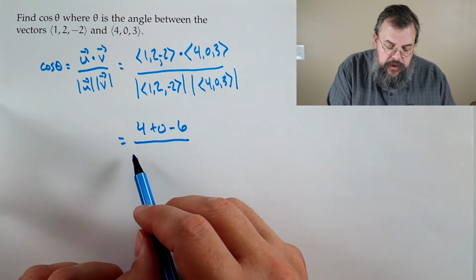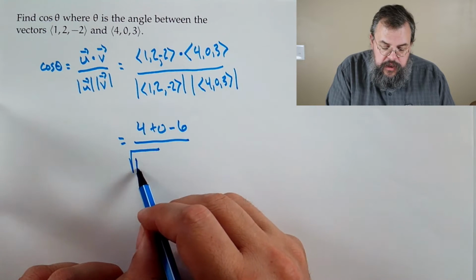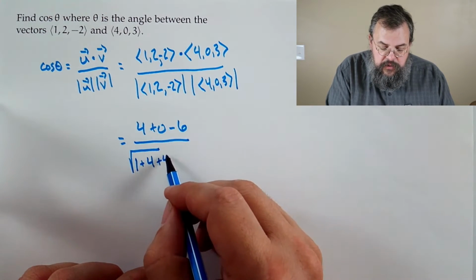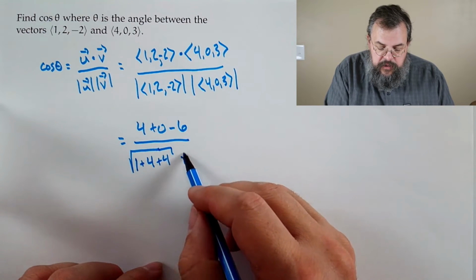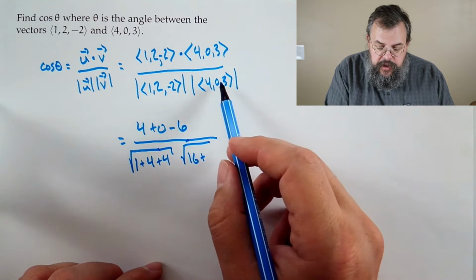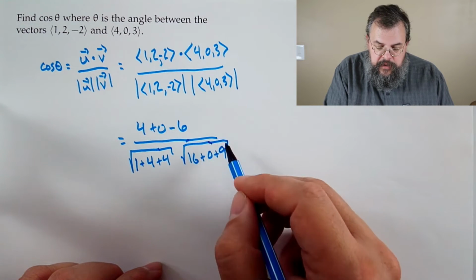Over, downstairs, well, the square root of each entry. 1 plus 2 squared, 4. -2 squared, still 4. And then there's also a square root of 16. That's 4 squared, 0 squared, and 9, 3 squared.